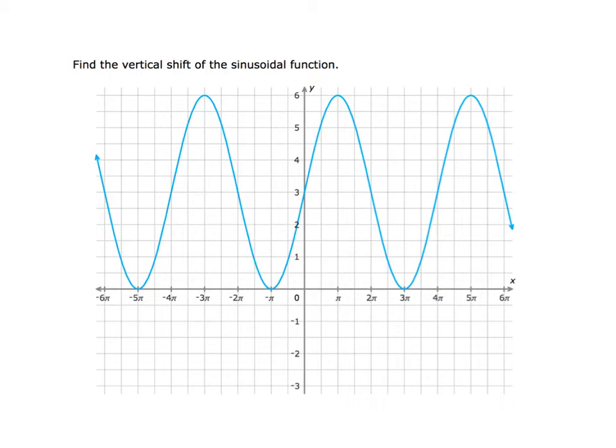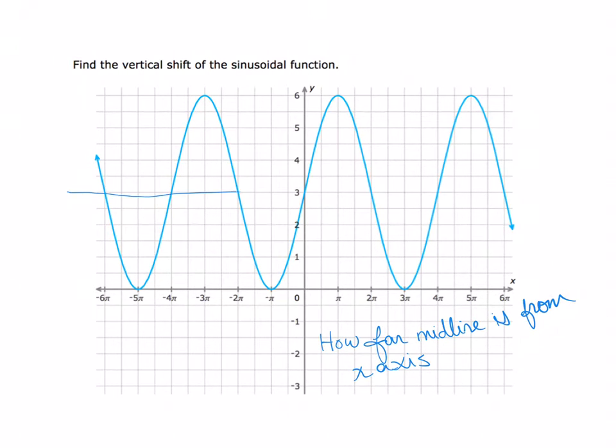All right, vertical shift. So vertical shift is how far the midline is from the x-axis. Okay, so you can just eyeball the midline, and in this case we're going to see that it's at 3. So how far is that value from the x-axis?